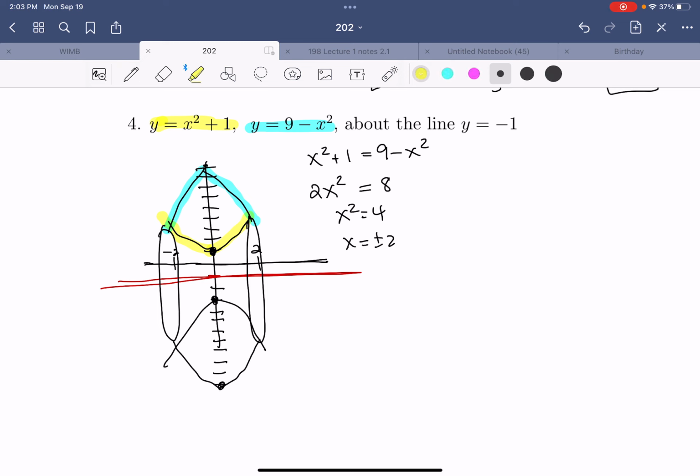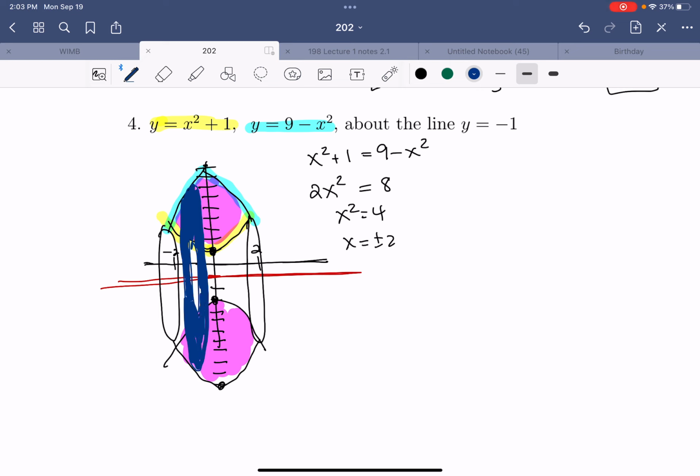Okay, so let me shade some area here. My cross section. That's really bad. Sorry, I'm going to try that again. Looks something like this.